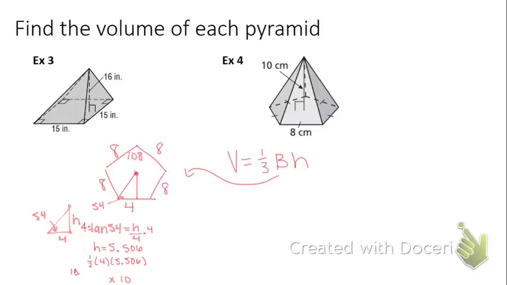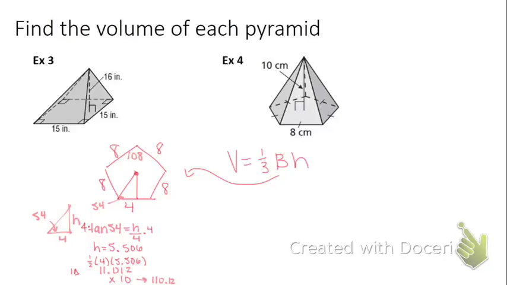I know I'm losing you guys, but what is 1/2 of 4 times 5.506? Okay, it's 11.012, and then you multiply that by 10. So is that 110.12? Did anybody get 110.12?